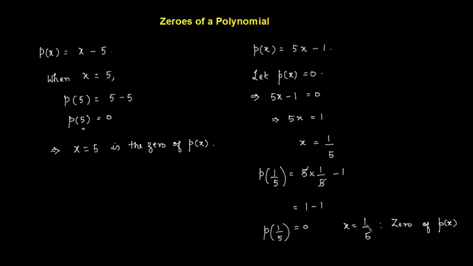So, what did we understand? That value of x which will make the polynomial equal to 0 is called the 0 of the polynomial. Let us consider f of x is equal to 8x minus 4. Now we are supposed to find the 0 of the polynomial. So to find the 0, what will you do?